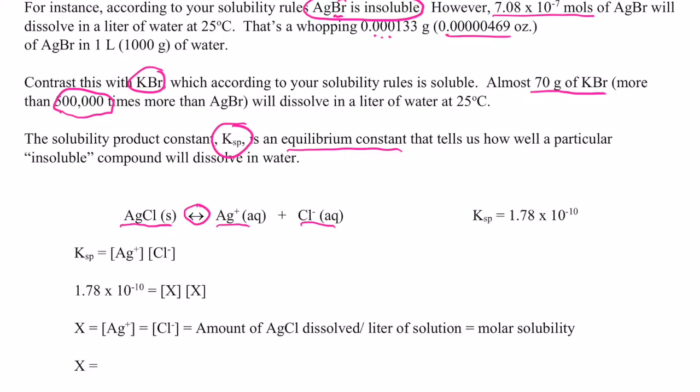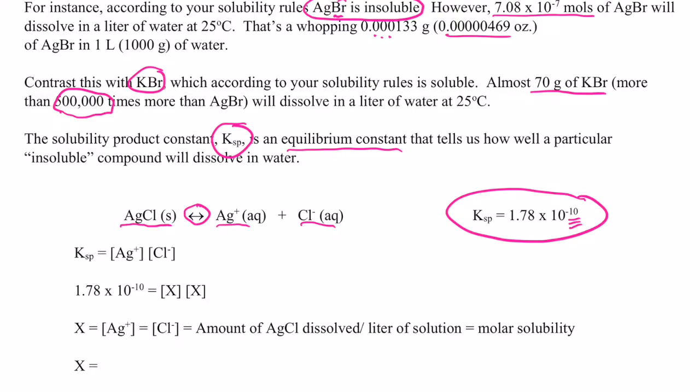Now the Ksp for this particular solvation process, as you would expect, is very, very small. After all, according to our solubility rules, silver chloride is insoluble. The Ksp for this is 1.78 times 10 to the negative 10th.